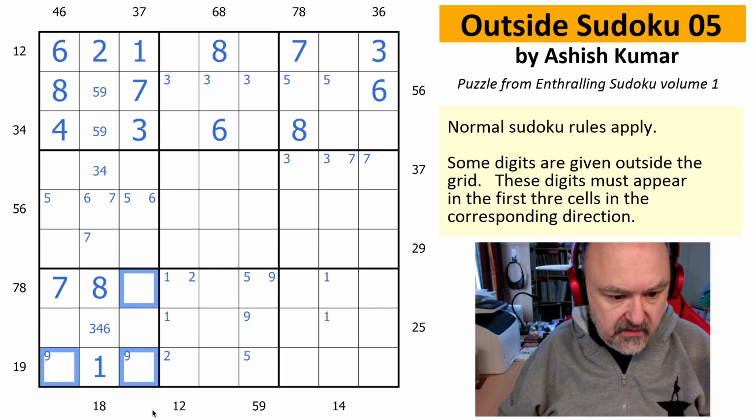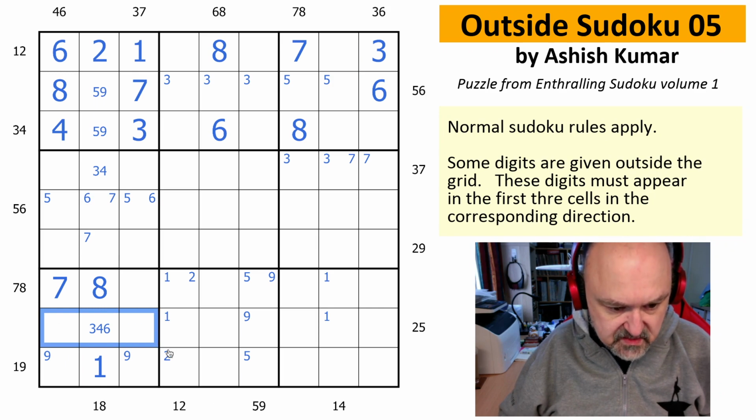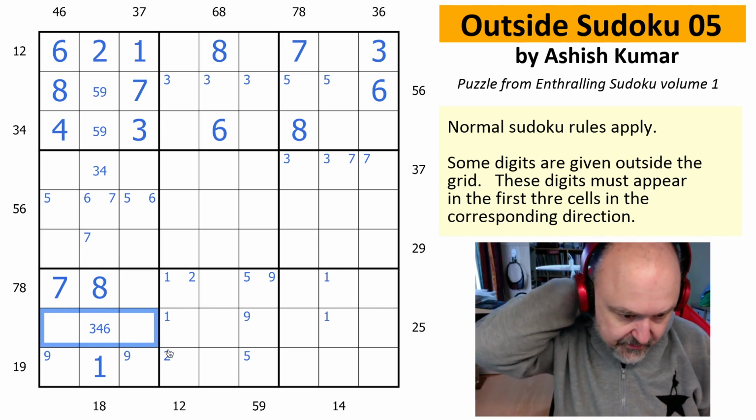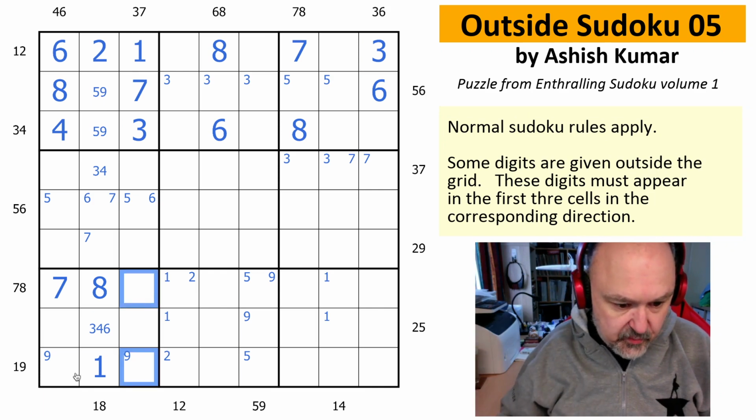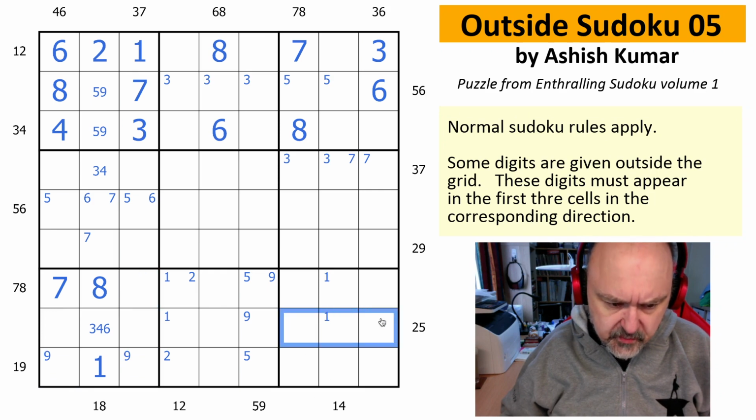Two and 5. Okay. So 2 and 5 cannot appear in these cells. So what that means is 2 and 5 have to appear. No, wait. 2 and 5 have to appear here. So 2 and 5 cannot be in those cells.